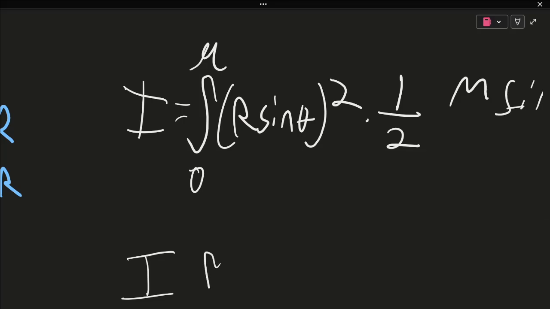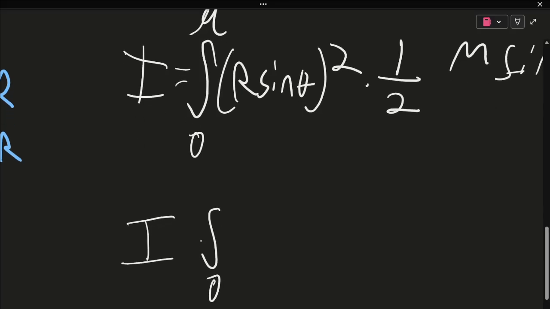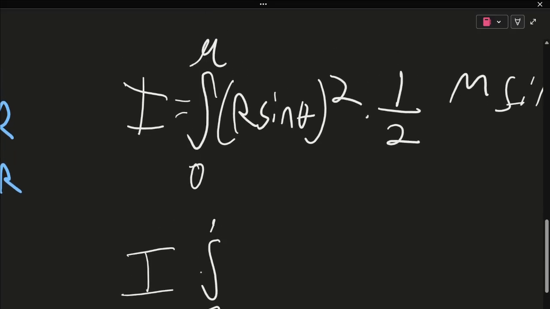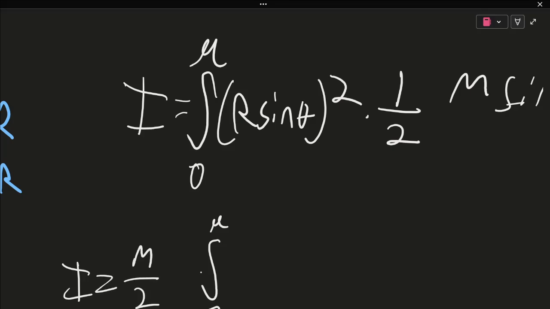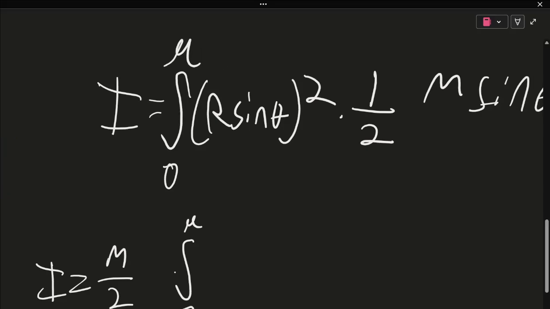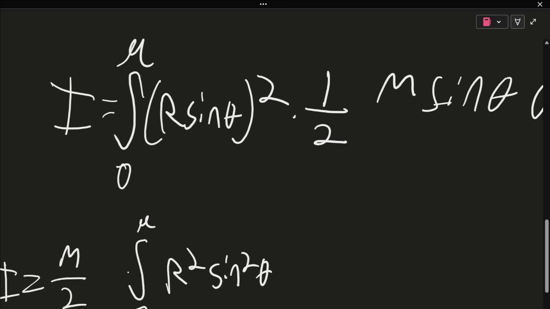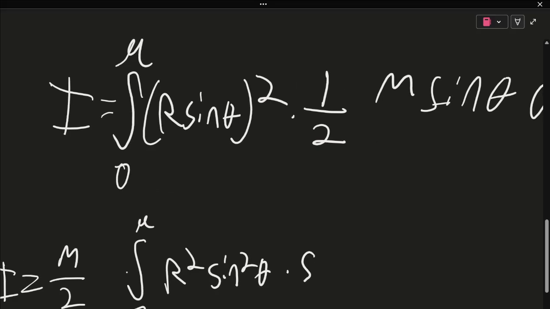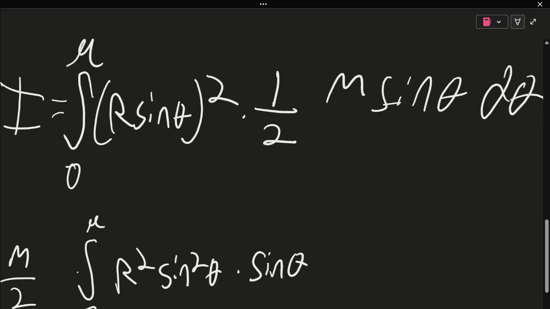Alright, now we can go ahead and combine some like terms and pull out our constants to the side. So it's going to be the integral from 0 to pi. And we can go ahead and pull out our m over 2. And we can distribute r squared, so it's going to be r squared sine squared theta times sine of theta d theta.